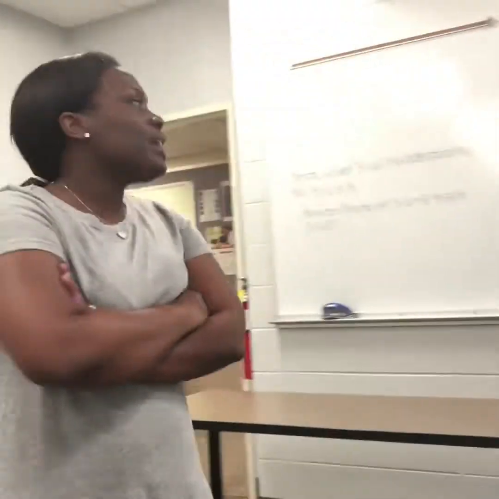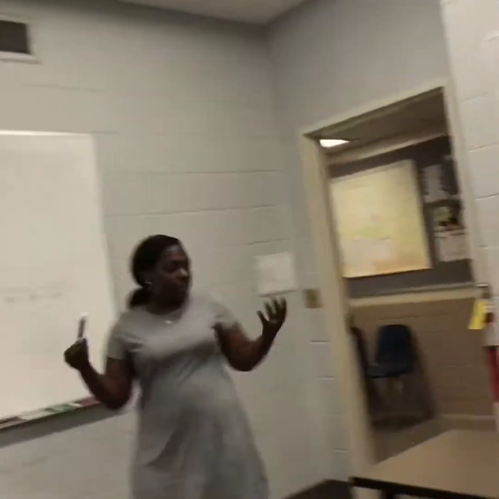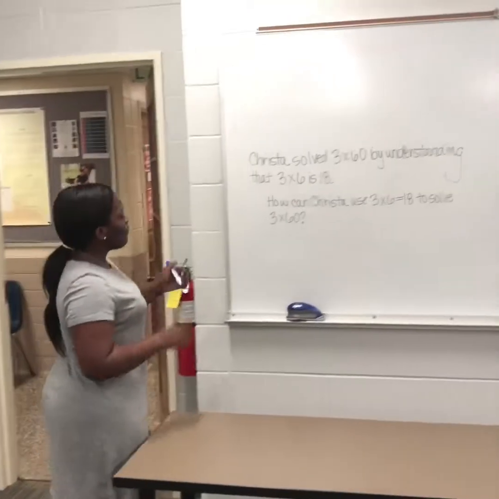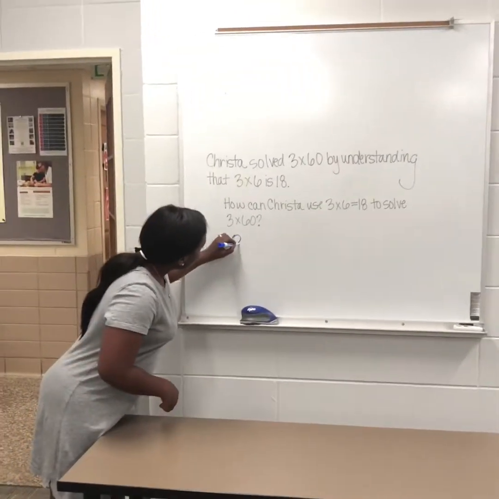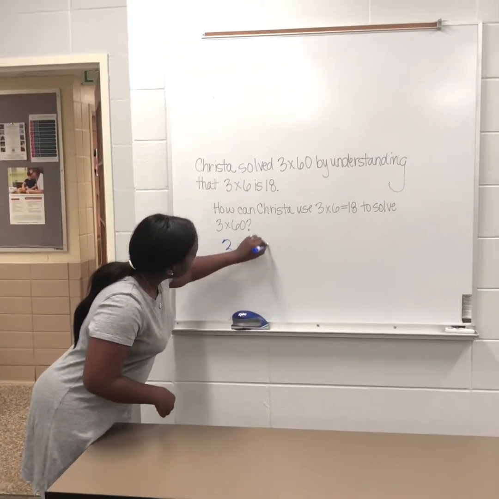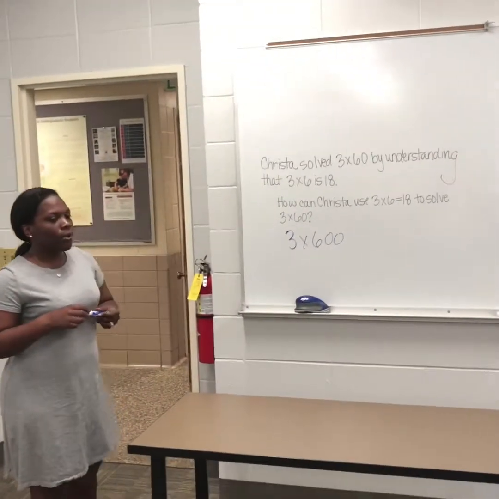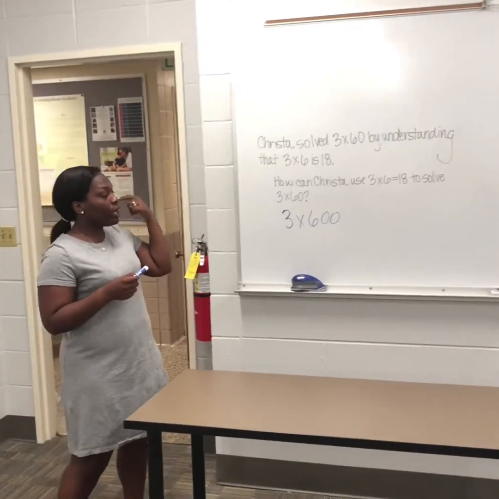Okay, let's take it a step further. Let's think in place value, and I know we're only discussing tens, but what if that problem was 3 times 600? How can we use place value to help solve that problem based off of what we already know?